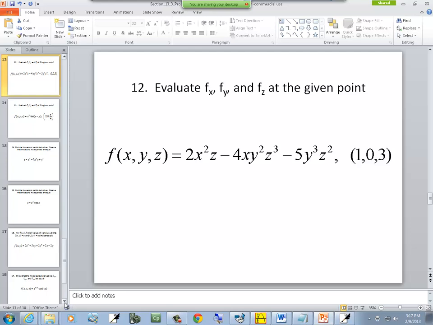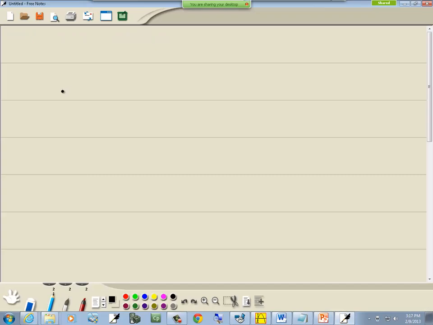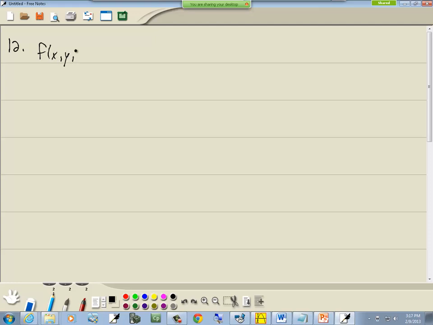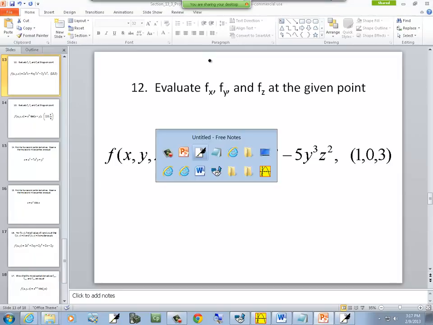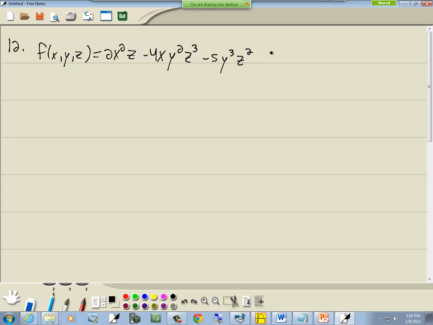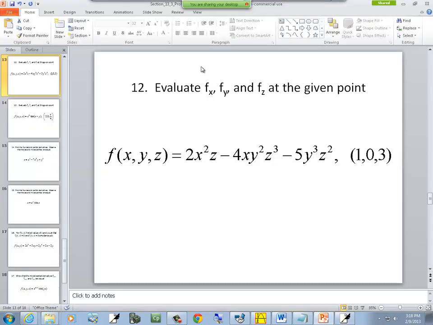We want to evaluate the three partial derivatives with respect to x, y, and z at the given point. Okay, so we've got f of xyz equal to 2x squared z minus 4x y squared z to the third minus 5y to the third z squared at the point (1, 0, 3). 2x squared z minus 4x y squared z to the third.